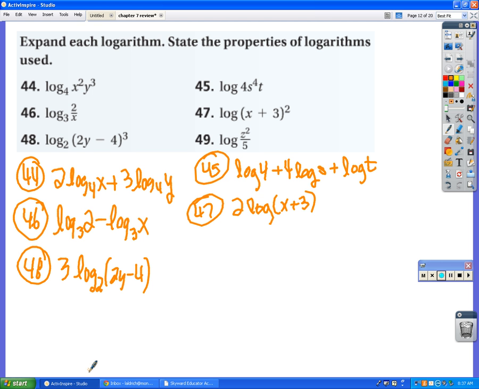Alright, and then the last one, number 49. 2 log z minus log 5.